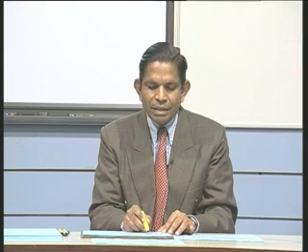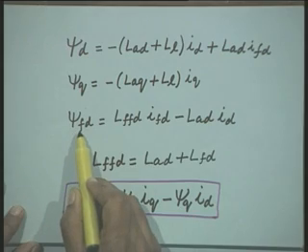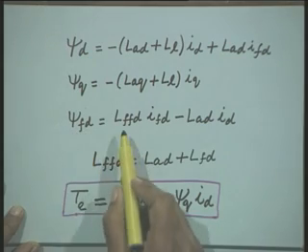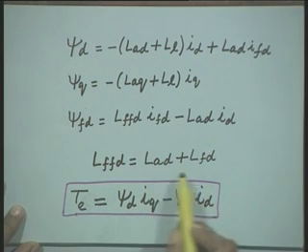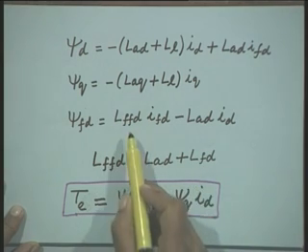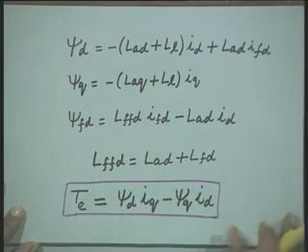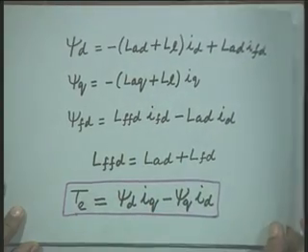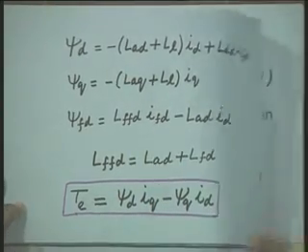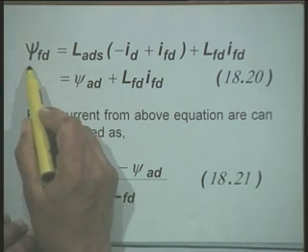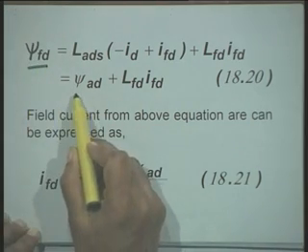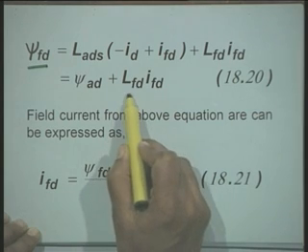Similarly, take the field flux linkage equation for psi FD. For LFFD, you substitute LAD plus LFD, and then the terms which have the coefficient LAD you combine, and we can write the equation for field flux linkage in this form: psi AD plus LFD IFD.